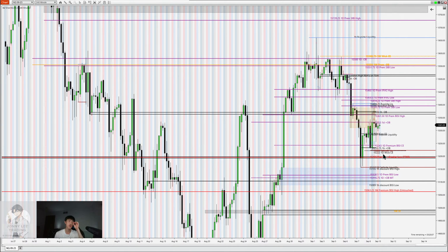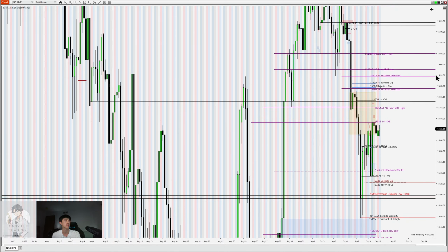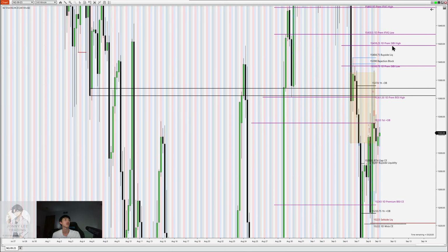So far it has rejected, but keep in mind on the daily we have some other targets right here, right above this segment here. So what I'm looking for, if it will trade up there, I'm looking for it to wick up and then come down.